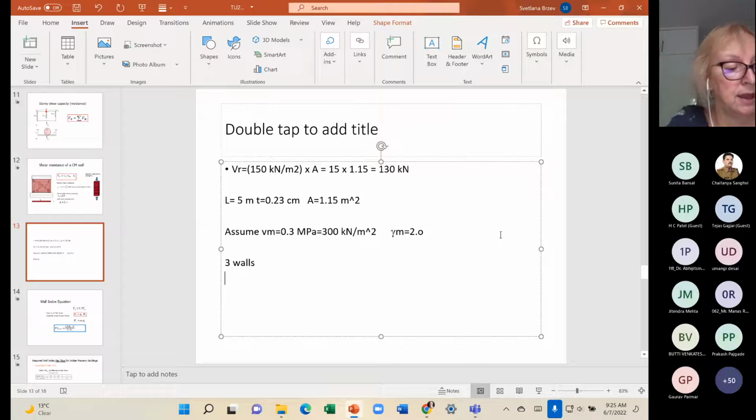We have areas A1, A2, and A3. These are cross-sectional areas.